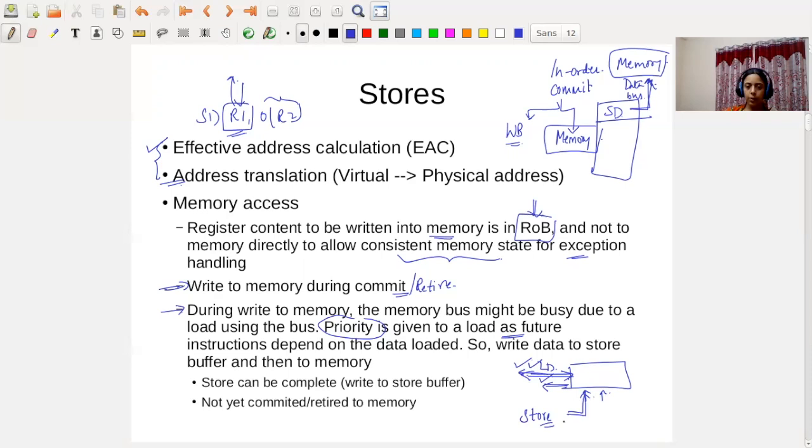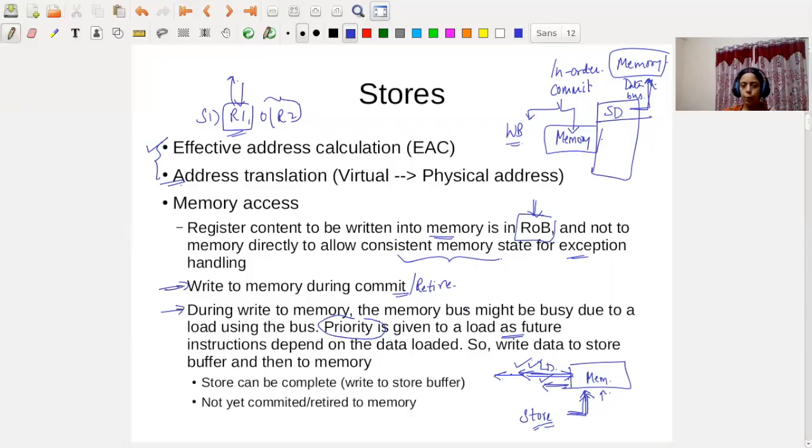And that is okay because writing to the memory is not such a critical step right now. If there is any other instruction dependent on this store, you can directly forward the data. Therefore, writing the store to the memory is not as critical as loading the data from memory.